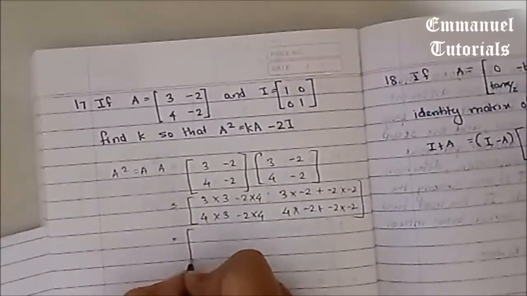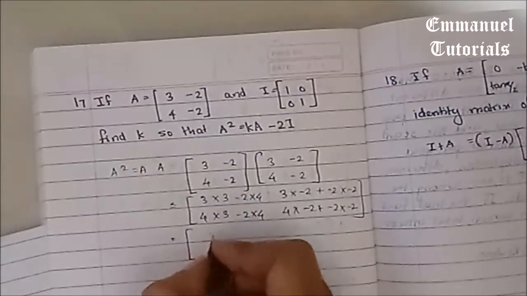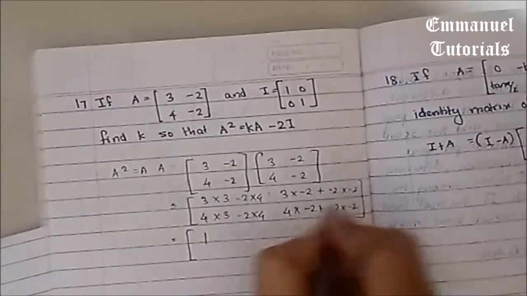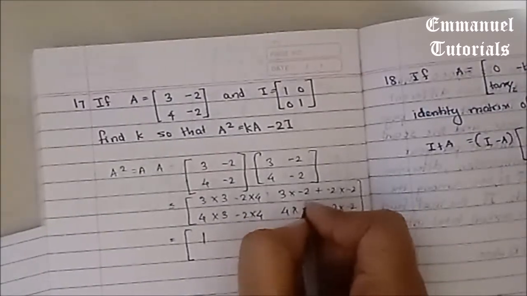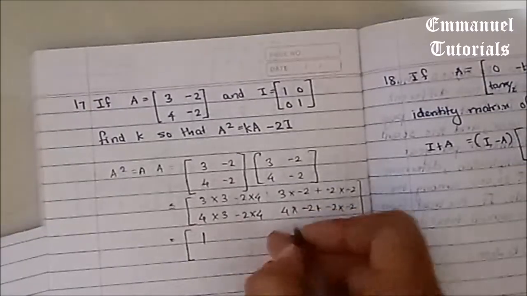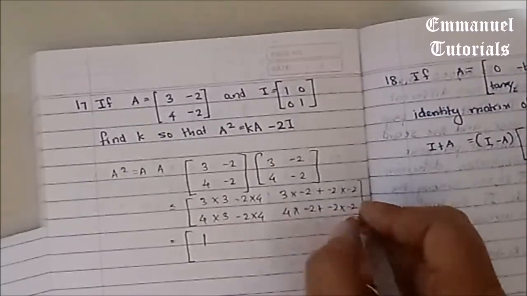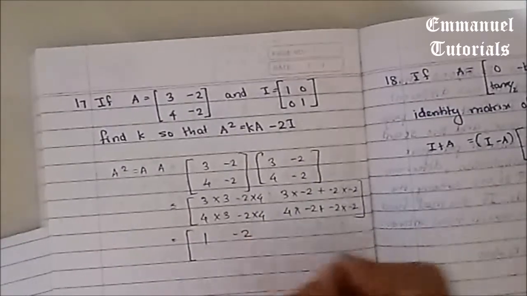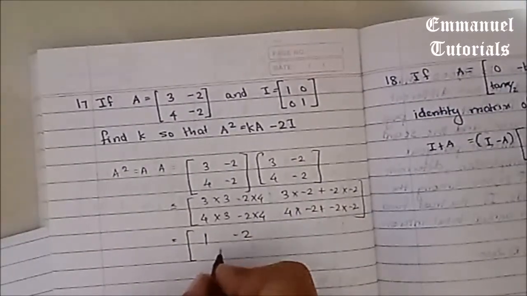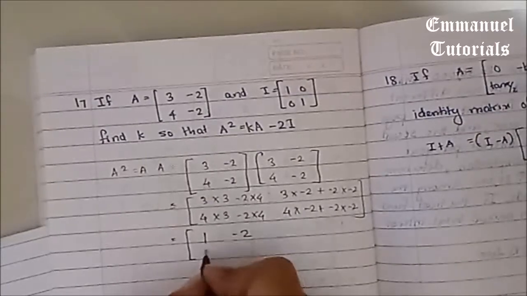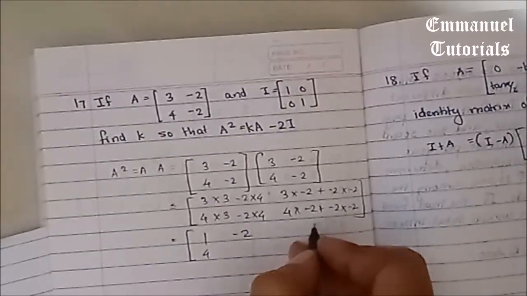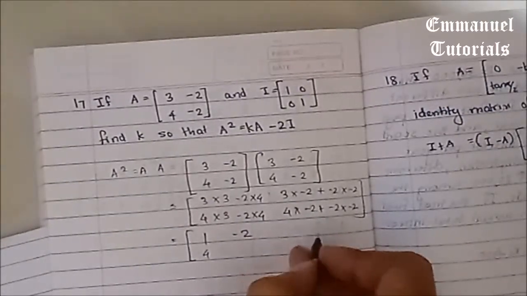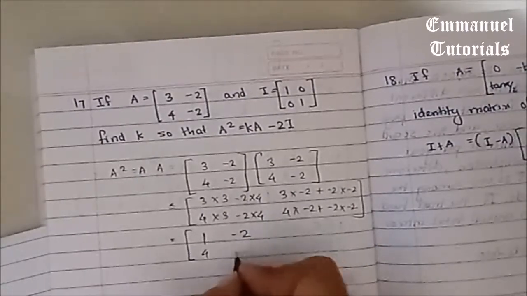So this will give us 9 minus 8, which is 1. 3 into minus 2 is minus 6 plus 4, which is minus 2. 4 into 3 is 12. 12 minus 8, which is 4. 4 into minus 2 is minus 8. Minus 8 plus 4 is minus 4.